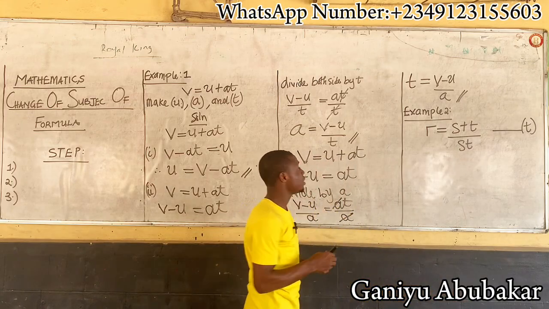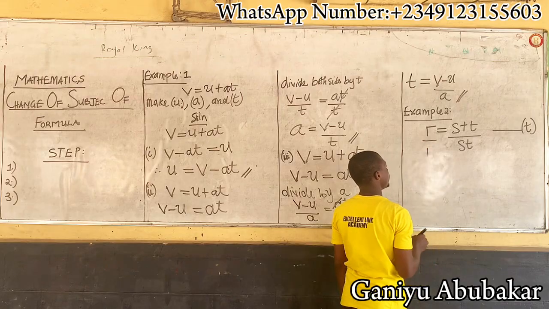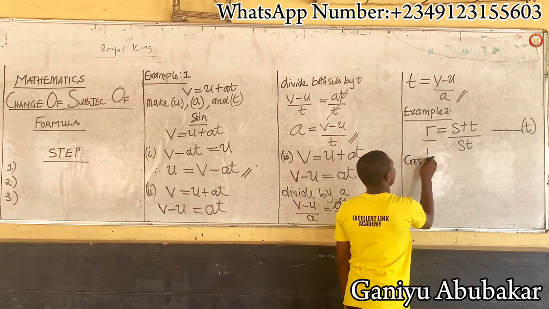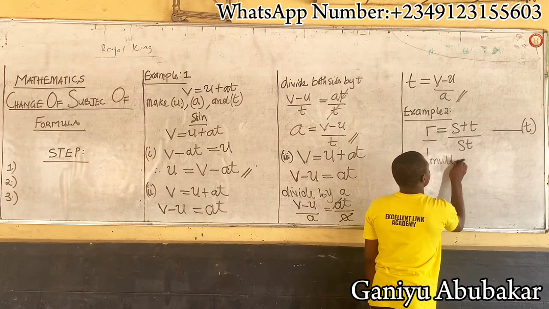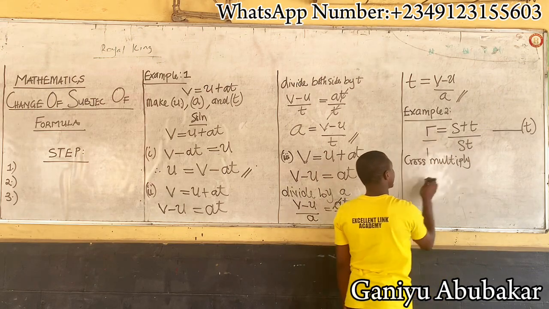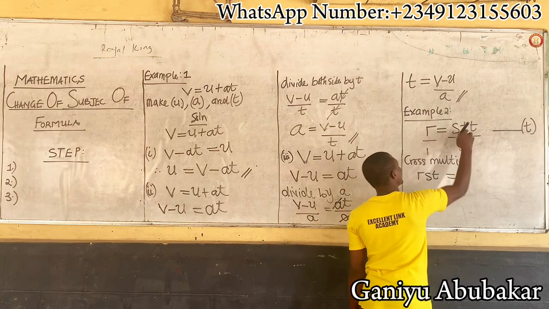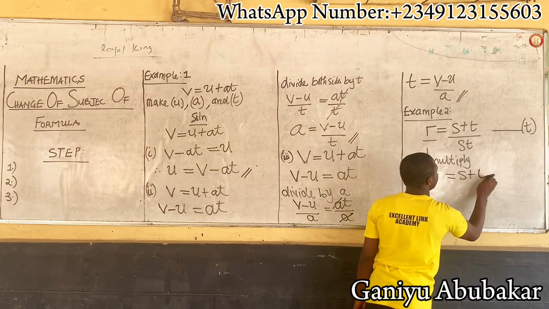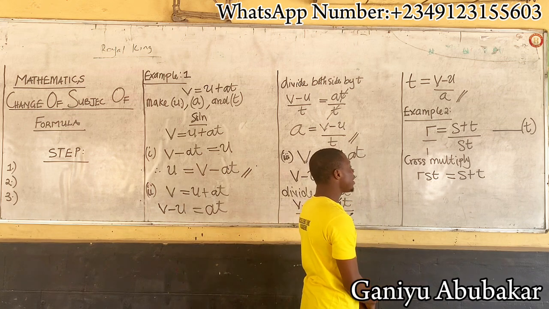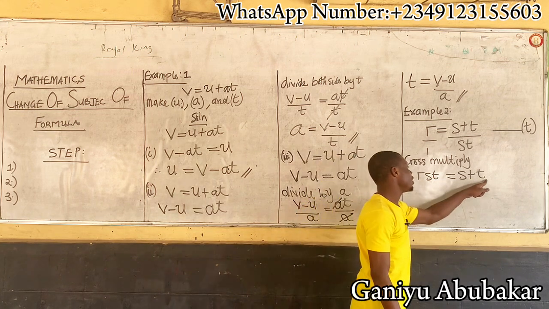But now I want to make t the subject. What's the first priority? My first task here is that I can put over 1 here. Afterwards, cross multiply. So r times this is rst, equal to 1 times this is s plus t. Mind you, I want to make t stand alone.